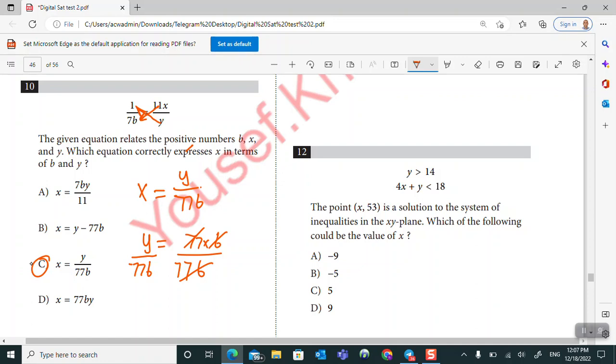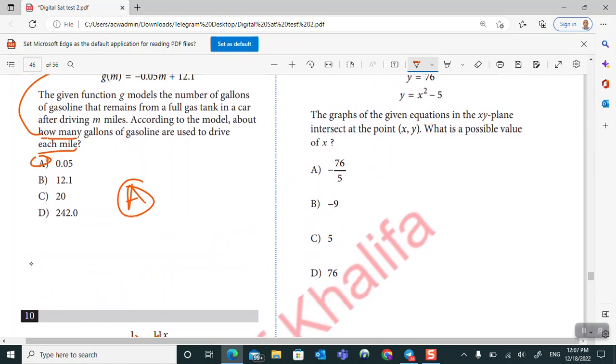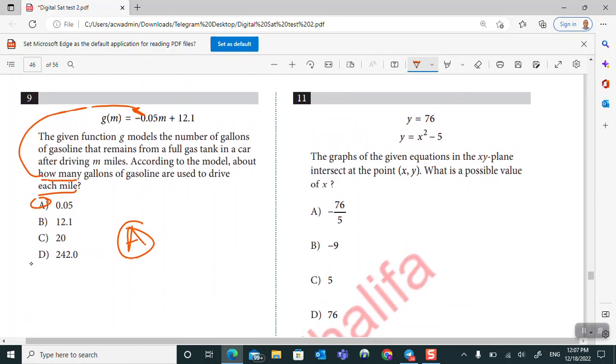Okay, let's move on. Question 11 says the graphs of the given equations in the xy plane intersect at the point x, y. What is a possible value of x? So he gave you two equations. One is constant, which is a horizontal line, and the other is a quadratic equation.